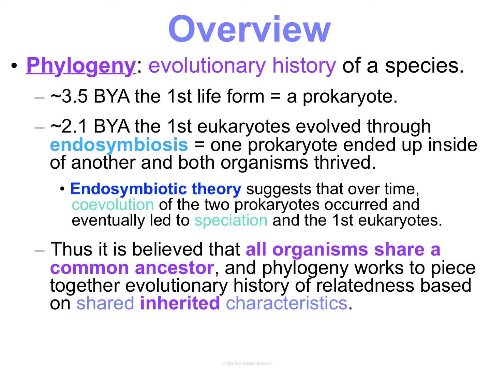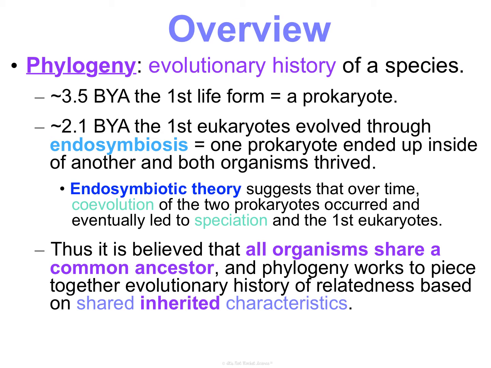Phylogeny basically displays the evolutionary history of a species. So 3.5 billion years ago, approximately, was the first life form on Earth, and that was a prokaryote. And then 2.1 billion years ago, the first eukaryotes evolved, and this is through what we call endosymbiosis, where one prokaryote ended up inside of another one, and then both organisms were able to thrive.